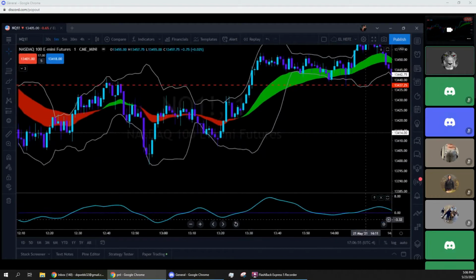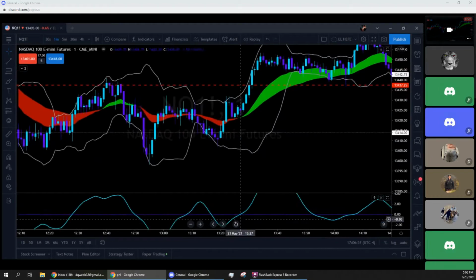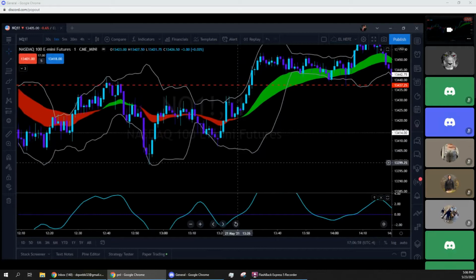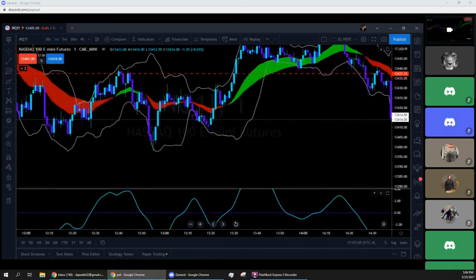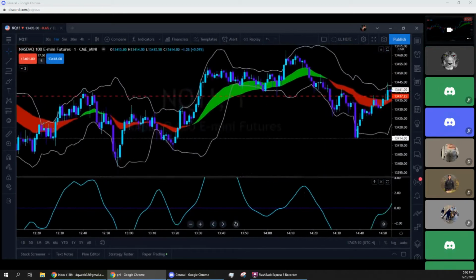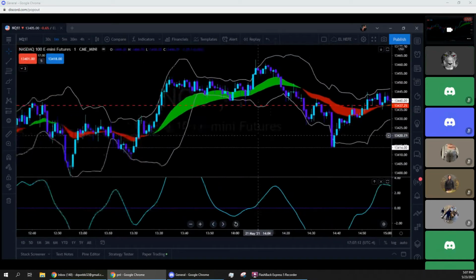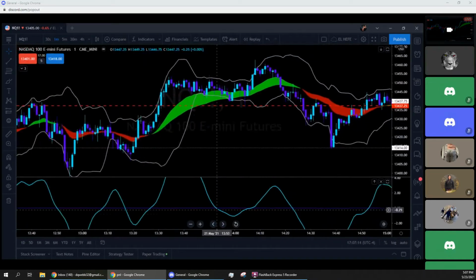Here we are again. We crossed in these 3 bars right here. None of them gave the signal.